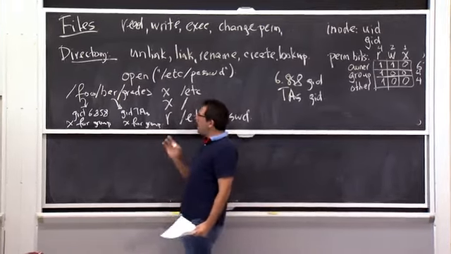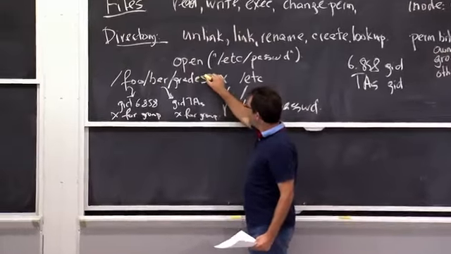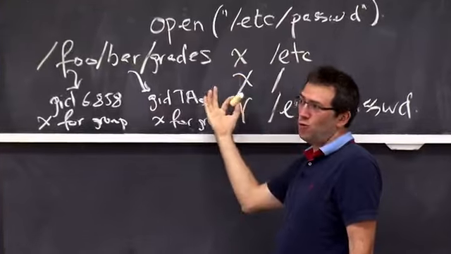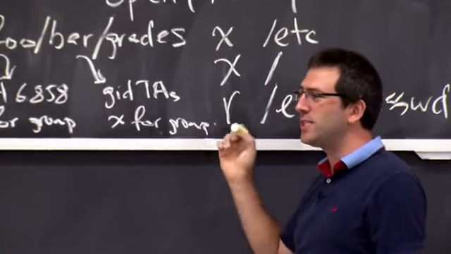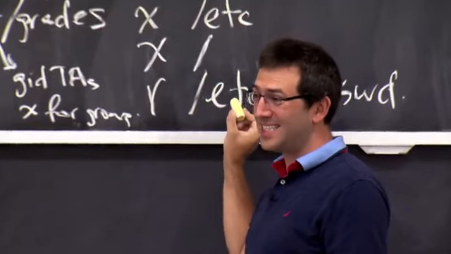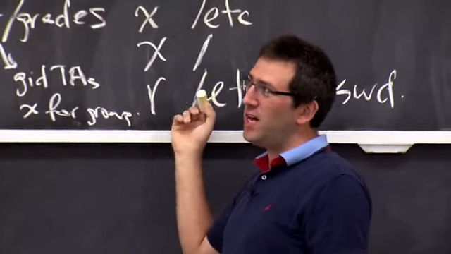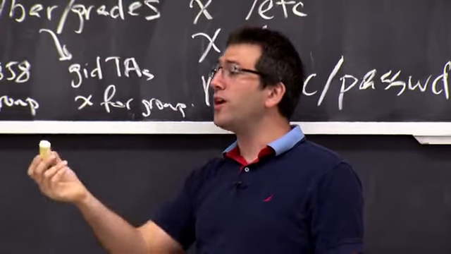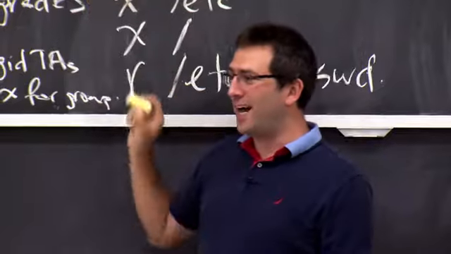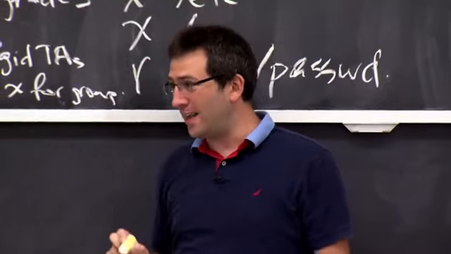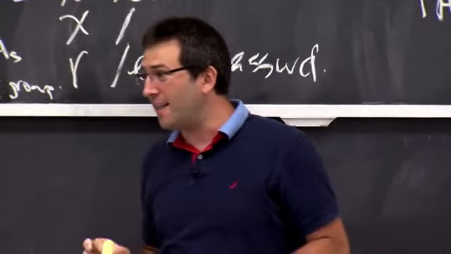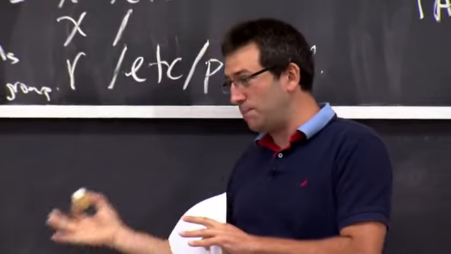And actually, a TA probably could not hard link this file because of another silly rule that Unix enforces for hard links, which is that only the owner of a file can hard link it somewhere else. This is partly because of the way Unix does quotas, because in Unix, quotas are by who owns the file. So if you create some giant file, I can hard link a copy of it in my directory. Then you maybe delete the file, but I still have it, and the file system thinks you're the owner.